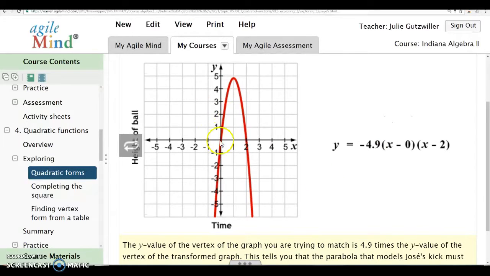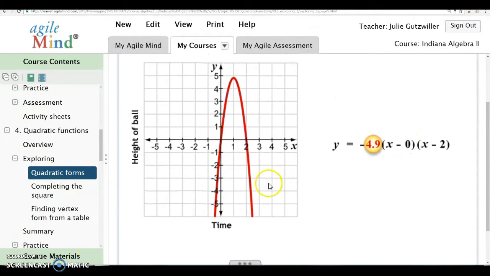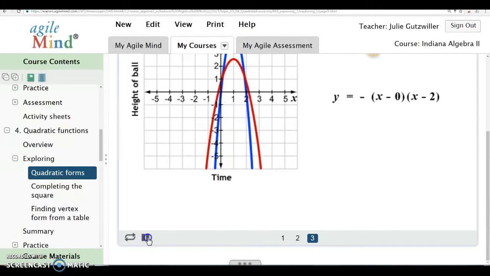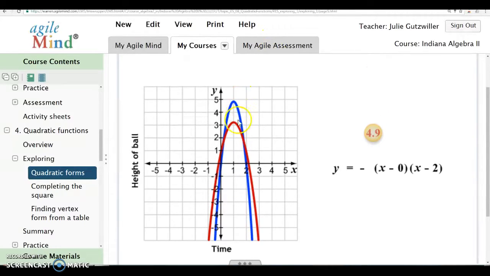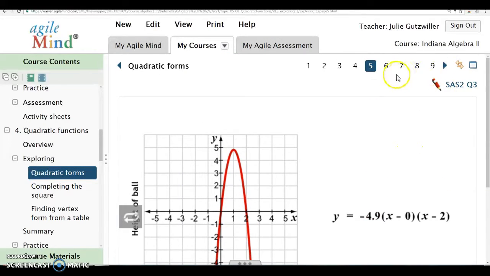Okay? So we found how to stretch it. They got the negative 4.9 because they used 1. And remember when you reflected it, let's go back, replay that. It started out at (1, 1), and then it stretched up here to 4.9. So that's where they got those. Okay?